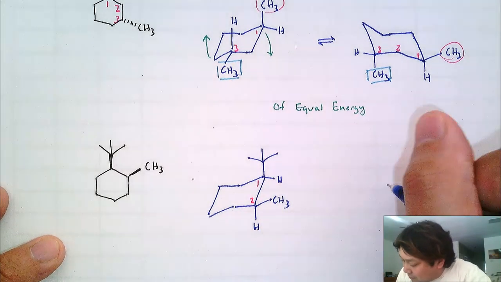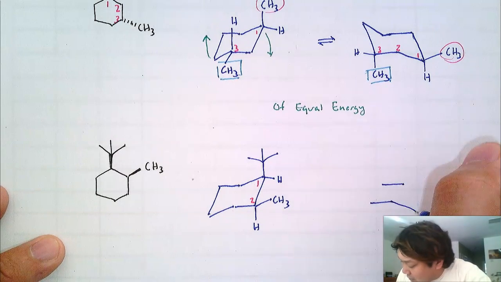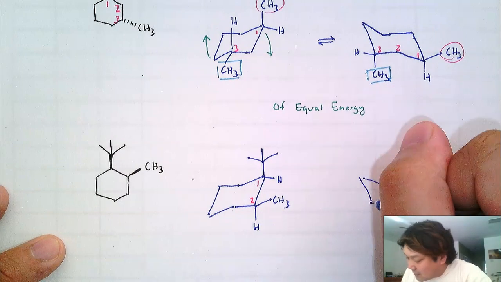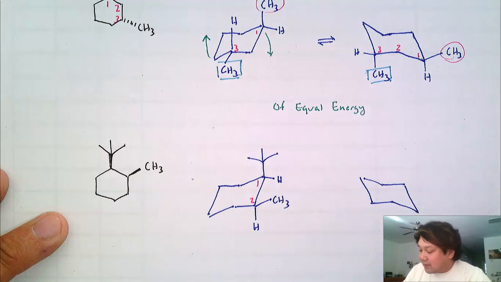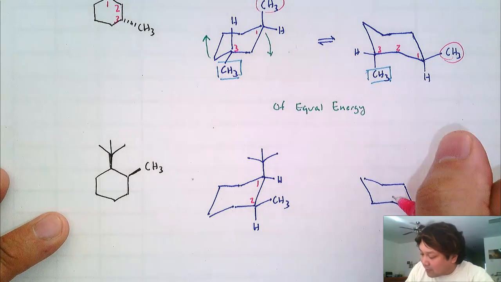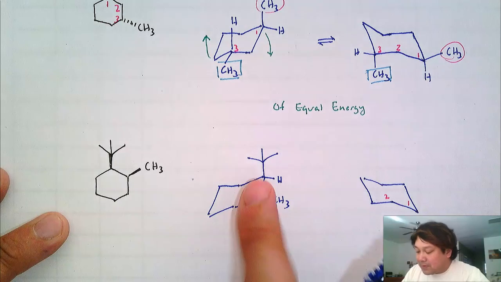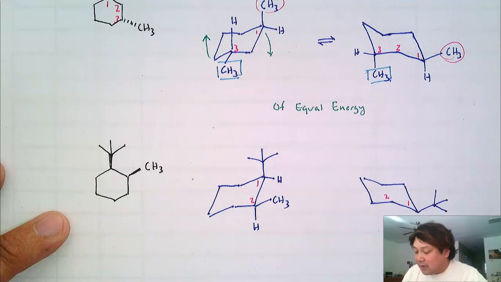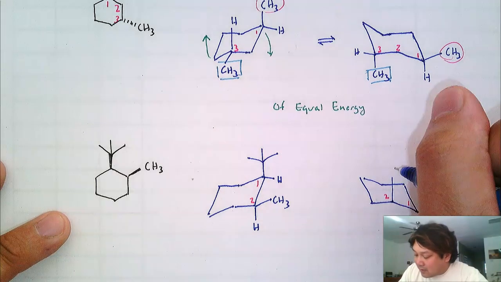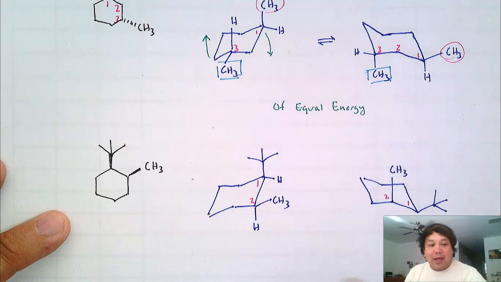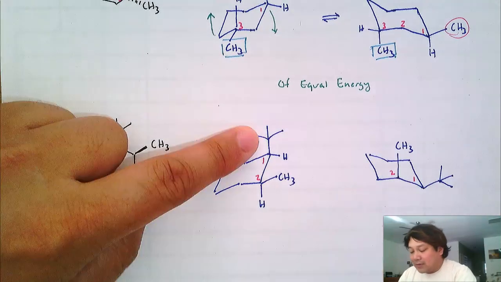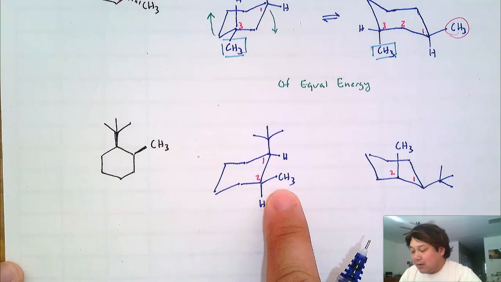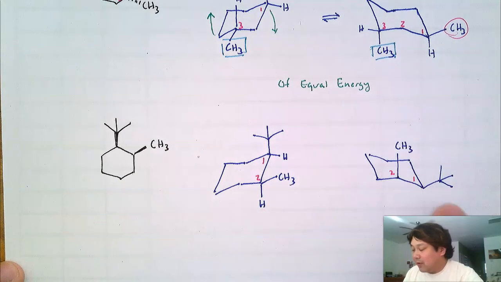When I do the chair flip, carbon number 1 is still here now, and carbon number 2 is here. Up stays up, but in this case, it's equatorial. And 2, up stays up. So we have a tie, one axial, one equatorial, one axial, one equatorial.